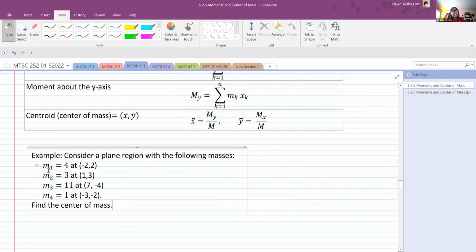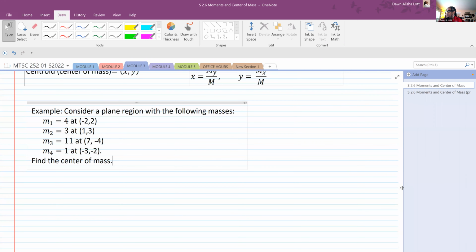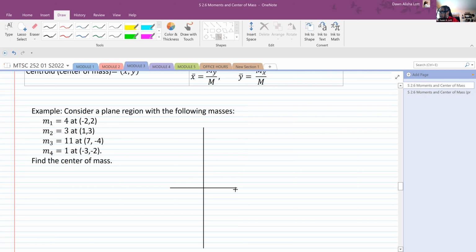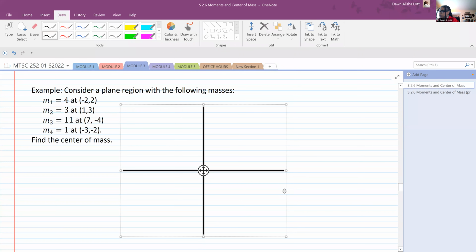So it has a mass of 4 at the point -2, 2. So let me see if I can draw this. Normally you don't have to draw it, but I just like to draw it for you, just because I can. So let me grab this again and move it down so it is exactly on the line.